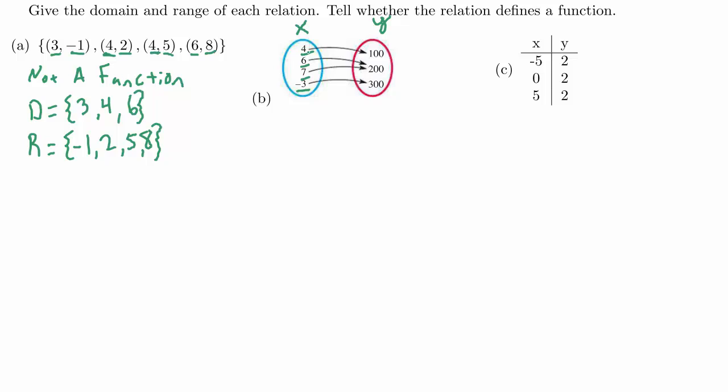Because of that, each X value corresponds to only one Y value. Yes, the 6 and 7 are corresponding to the same number, but that's fine. As long as there's one number that this 6 is corresponding to, and one number that the 7 is corresponding to, you're fine. That means that this is a function. Therefore, yes, it is a function.